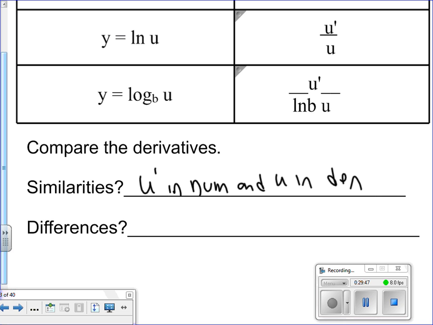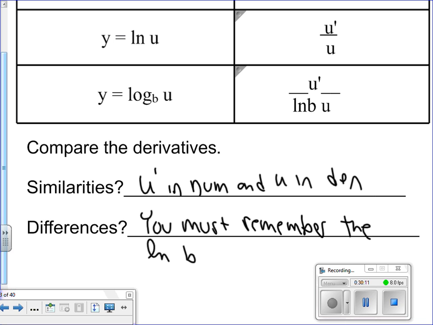But if you remember that the natural log is log base e, and the ln of e is 1, there are no differences. It's just that with the second one, you must remember the ln of b in the denominator of the derivative of log base b of u. If you forget it in the other one, it's no big deal because the ln of e is 1.